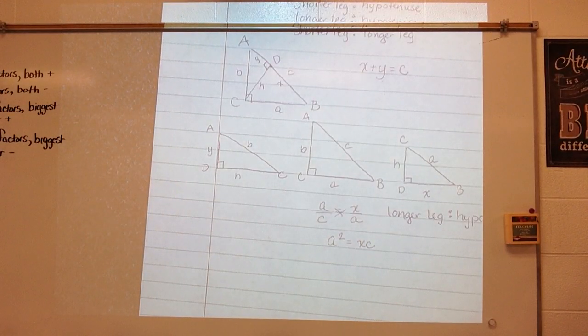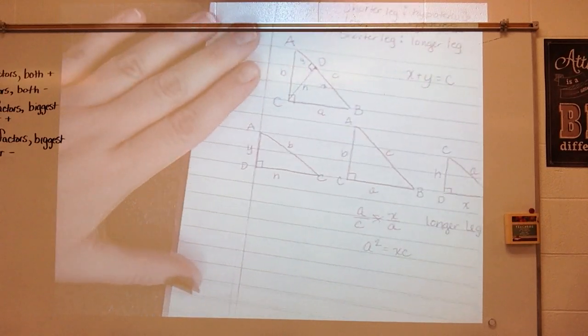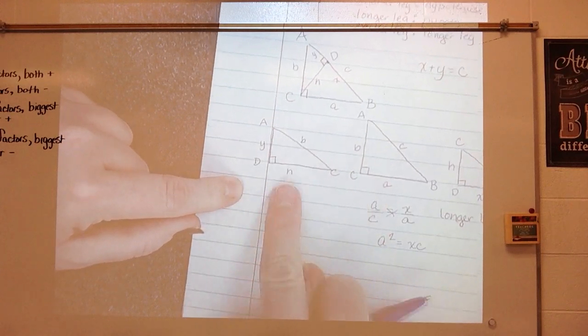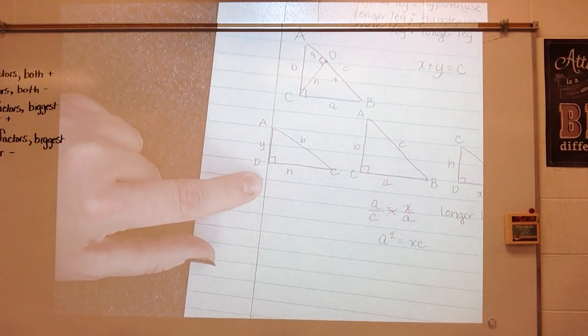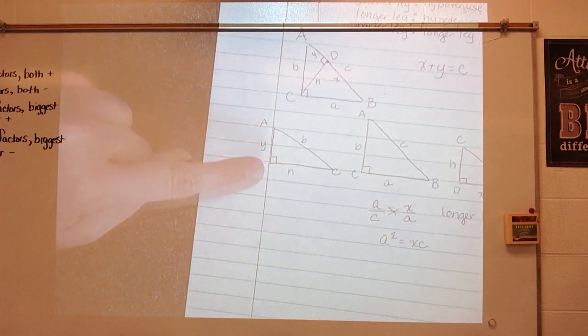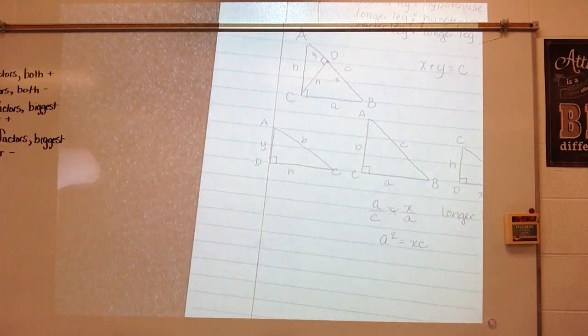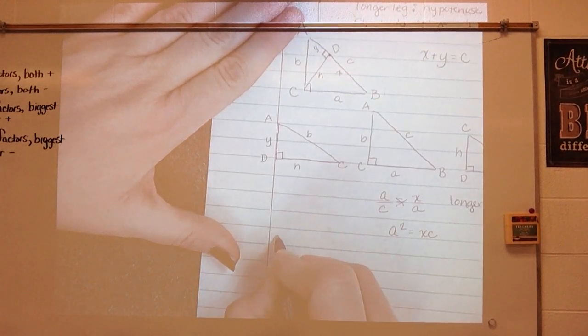Alright? Now we're going to identify two right triangles in the figure that each have angle A as our acute angle. Those two triangles are ADC and ACB. So we can write equivalent ratios in terms of the longer leg to the hypotenuse.